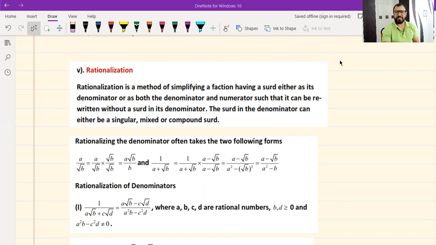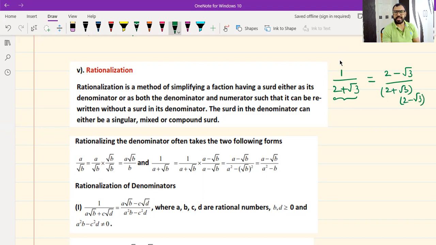For example, here you say 1 by 2 plus root 3. It is a given surd. Now, we have to reduce this 2 plus root 3 into a rational number. So, we have to multiply both numerator and denominator by its conjugate, 2 minus root 3.